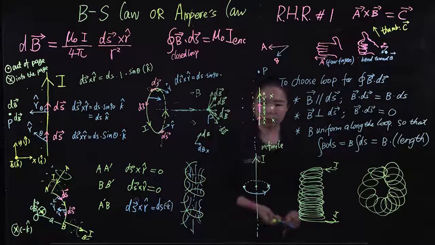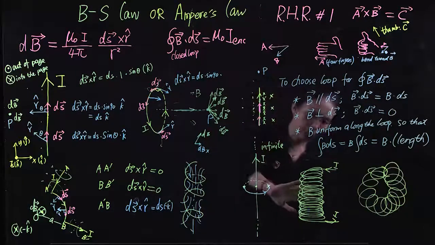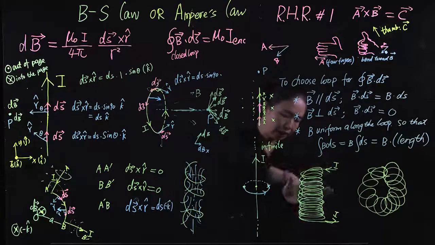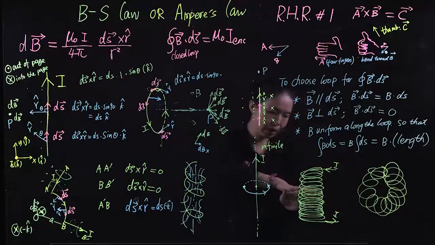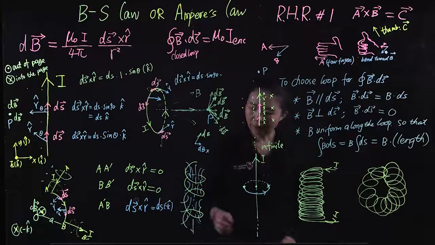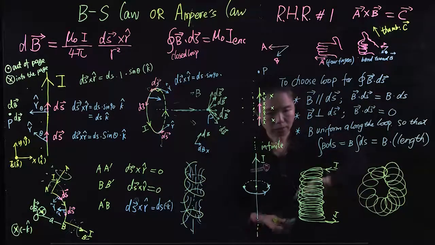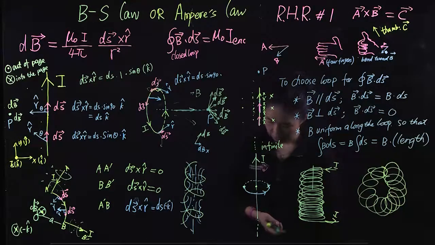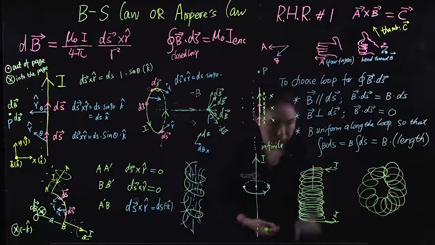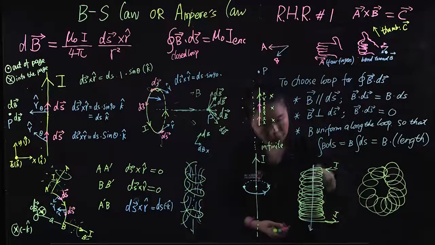However, if we are having very, very densely packed wires, then using the right-hand rule, we know that inside, the B field is going to be uniform and straight.